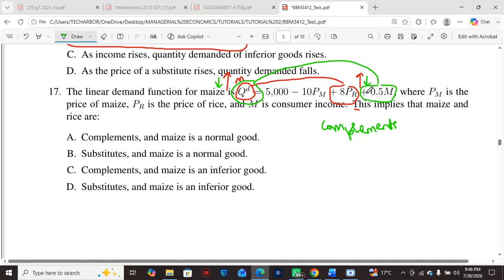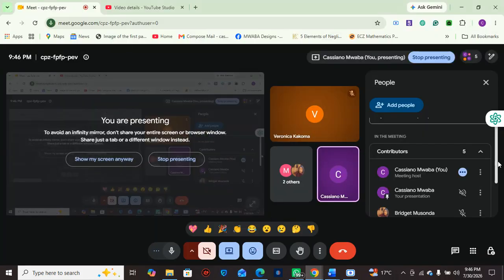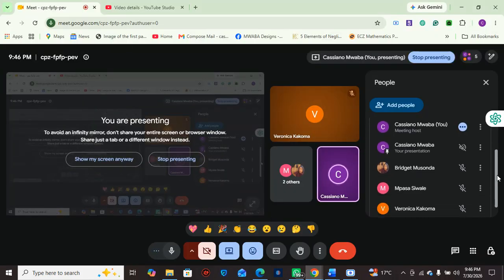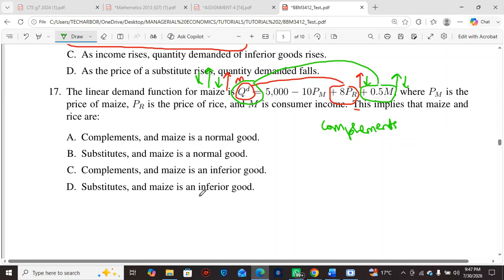There's a positive sign here, meaning if income increases, quantity demanded of maize also increases. If income drops, quantity demanded of maize drops. So that is a normal good. So these are complements and maize is a normal good.